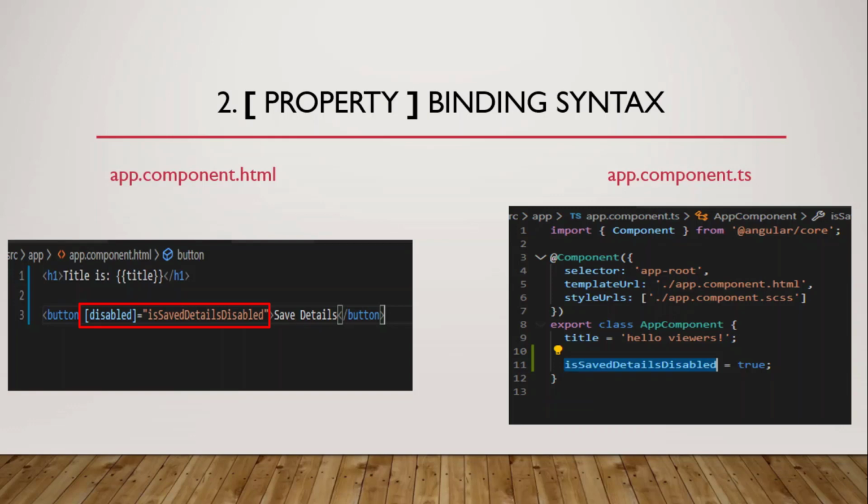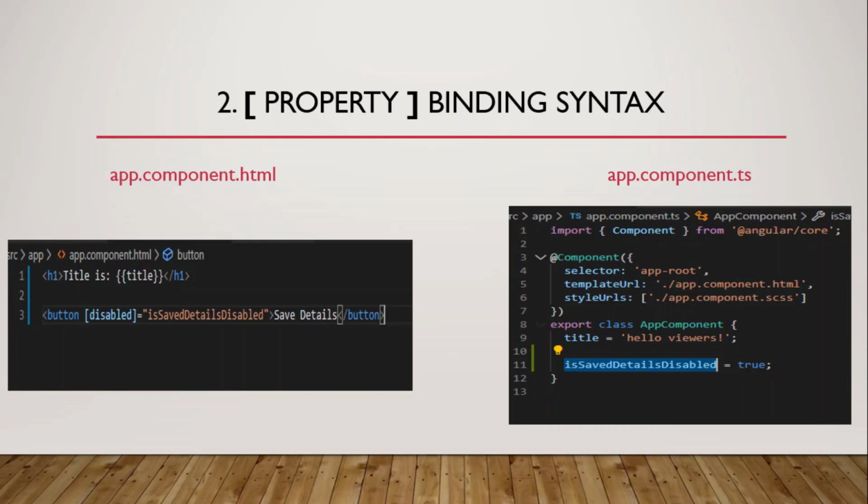So what we are doing here is changing the state of disabled with the help of property binding syntax. You can see that the disabled property refers to the is save details disabled property, which we have declared in our component.ts. We have assigned it to true, so by default this button should be disabled.